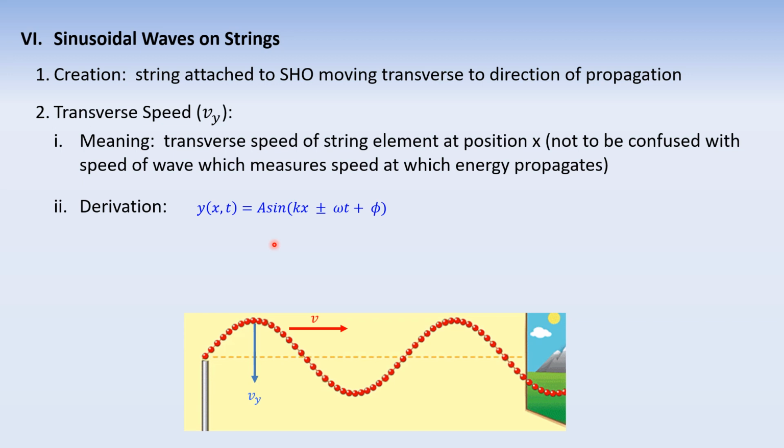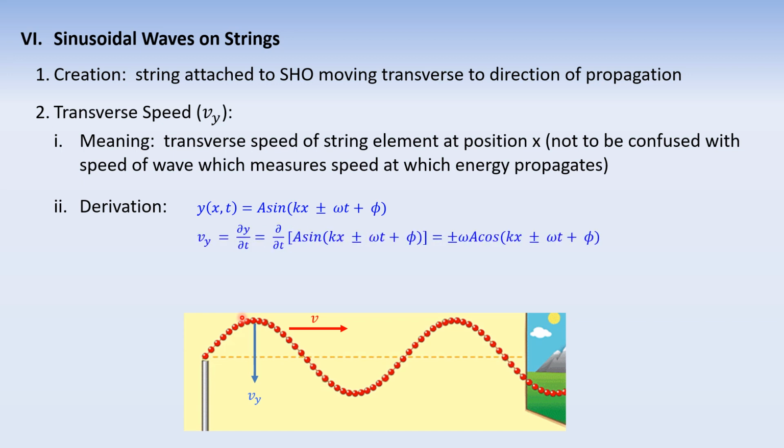Our generalized wave function is a function of both x, the position of any particle in the medium, and time t. y of x, t shows you the vertical position y of any particle at position x at any given time.